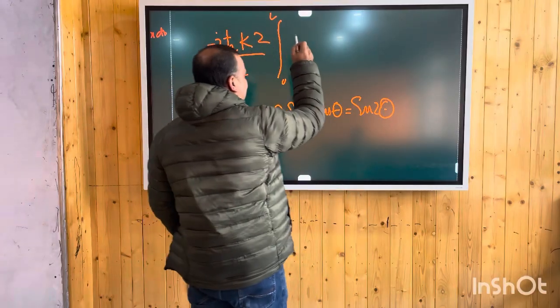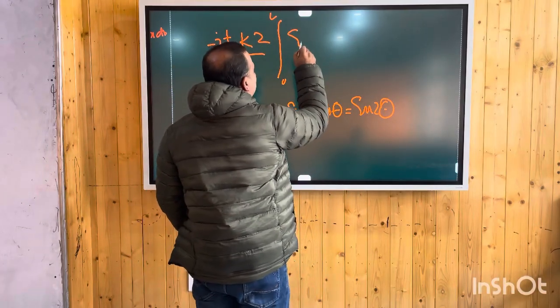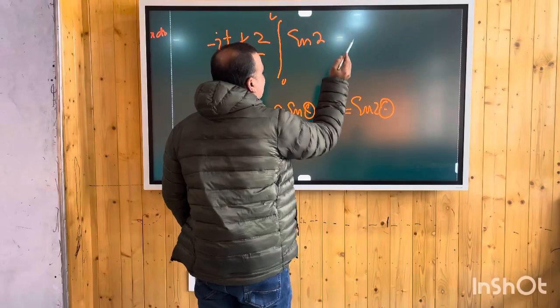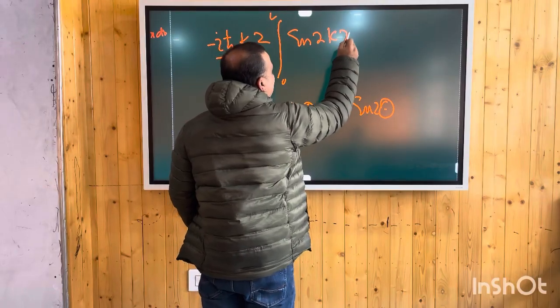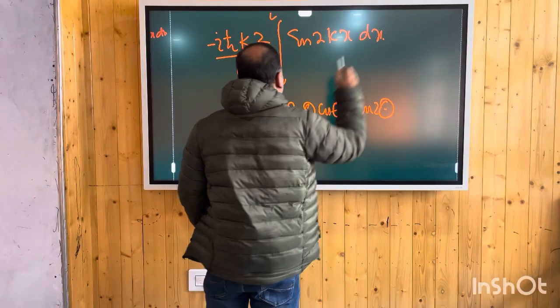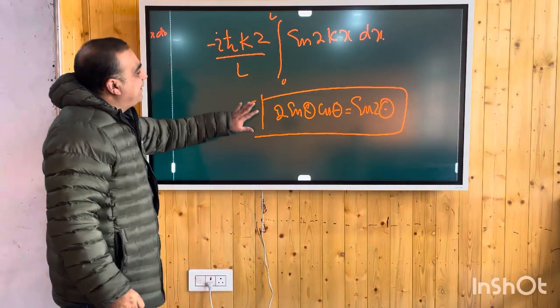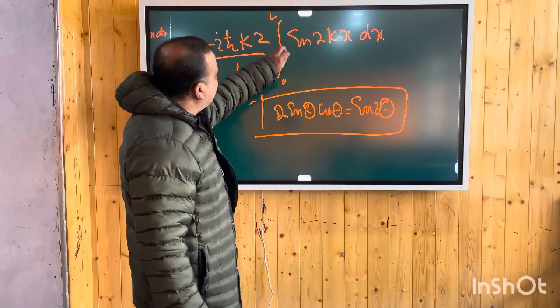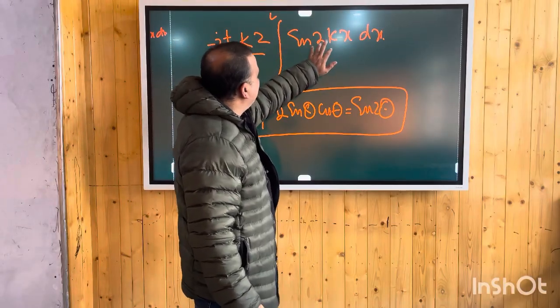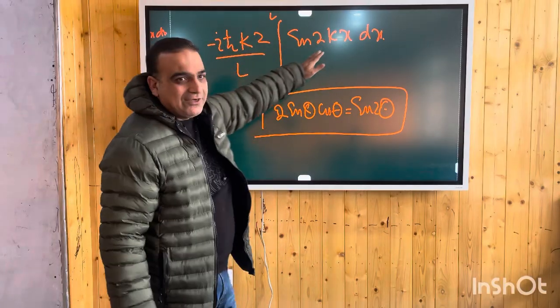So here I can write down sine of 2kx dx. Am I right? Using this formula, I can replace the integrand of this integral by sine of 2kx. And now I would like to integrate it.